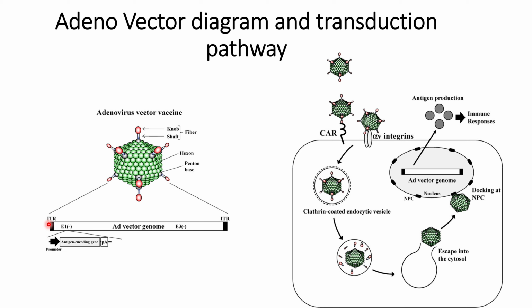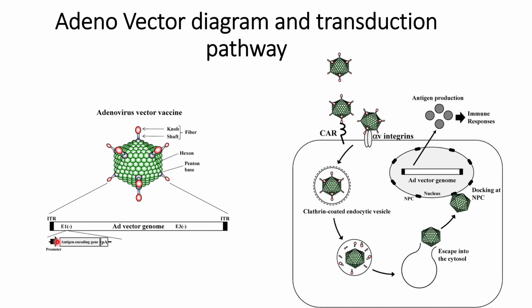After that, it contains the antigen encoding gene, or we can say the antigen information that is essential to generate antibodies against the virus for which these adenovirus vaccines are made.